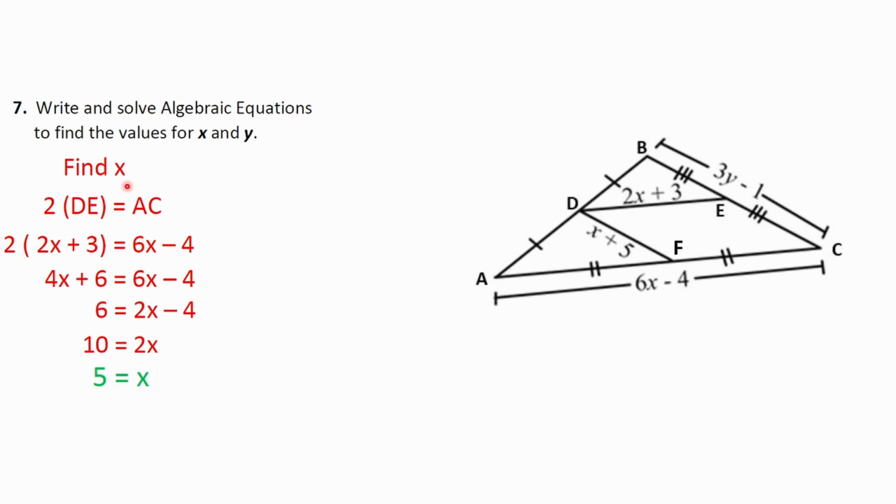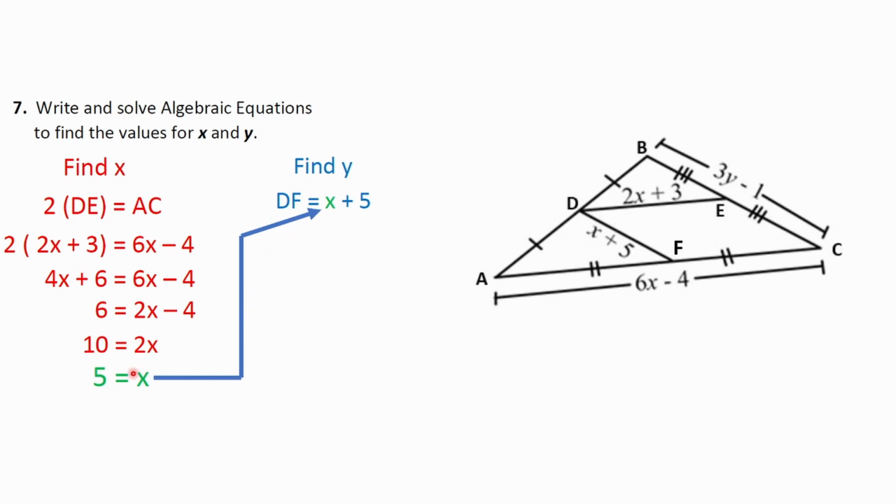So I found x. Now when I go back in and I look at that relationship between DF, which has x in it, and BC, which has y in it, well, I can now substitute this value in, and I really will only have to worry about the y at that point. So let's do that next. Let's go ahead and find y. And so I know that DF here is x plus 5, which we found x down here.